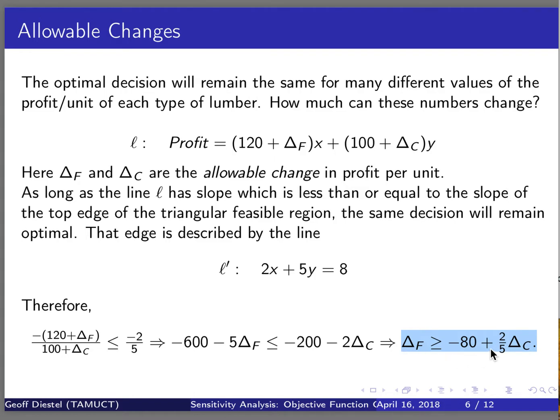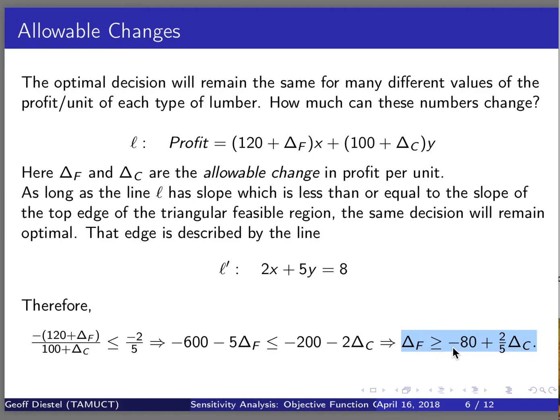If delta C is 0, the fact that delta F is greater than or equal to negative 80, of course, if the profit for 1,000 board feet of finished grade lumber goes up, then we're only going to make more profit, so we're not going to change our decision. And we saw that graphically. The line slope got steeper, it's not going to change our decision.